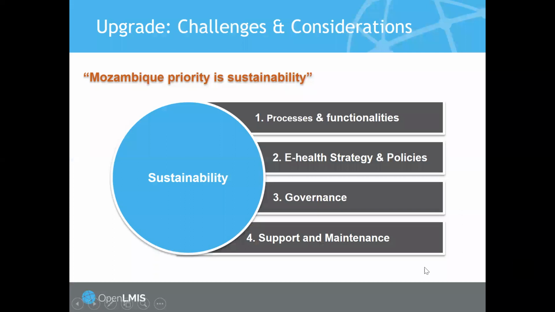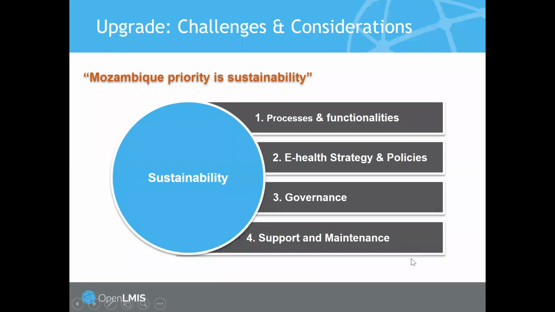For Mozambique particularly, one of the major priorities is sustainability: how we can ensure that these information systems can survive over a very long period of time, since they are to be ultimately maintained by the government. They are our client after all.